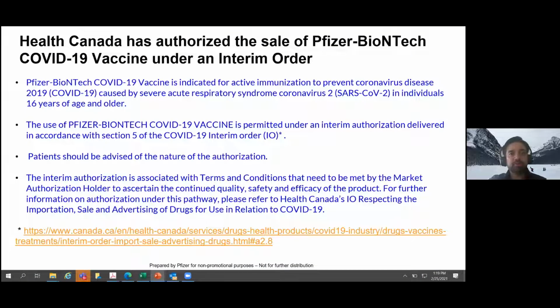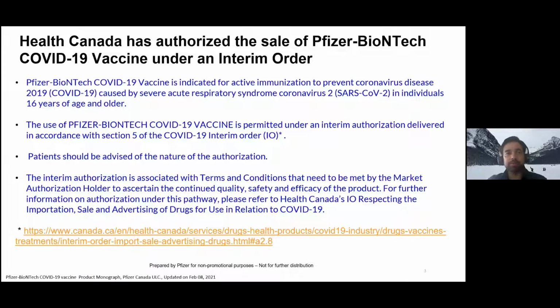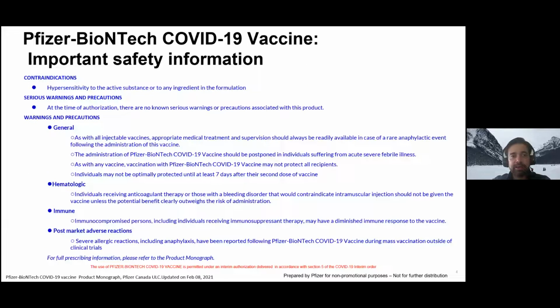Here's a general disclaimer. This COVID-19 vaccine is authorized for use in Canada under an interim order. And like all other vaccines, it comes with warnings and precautions. As Alex said, it's contraindicated in people who are allergic to the active substance or to any ingredient in the formulation.